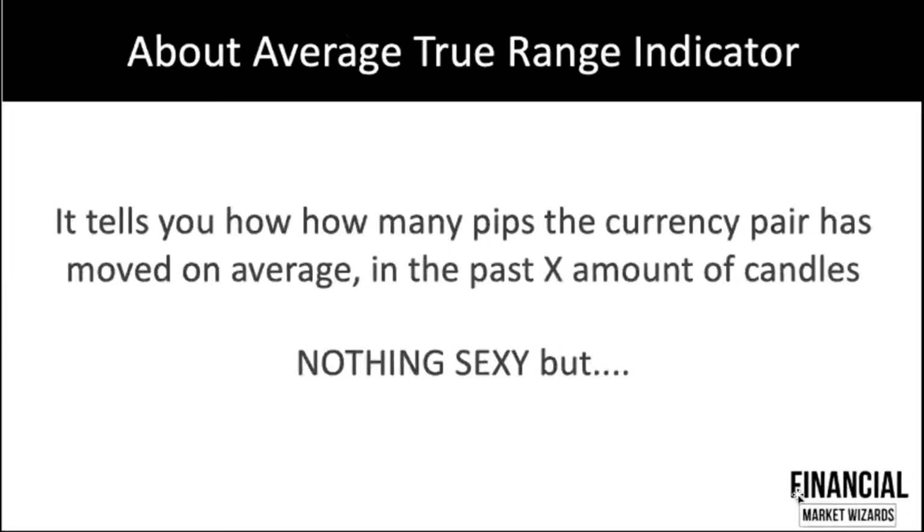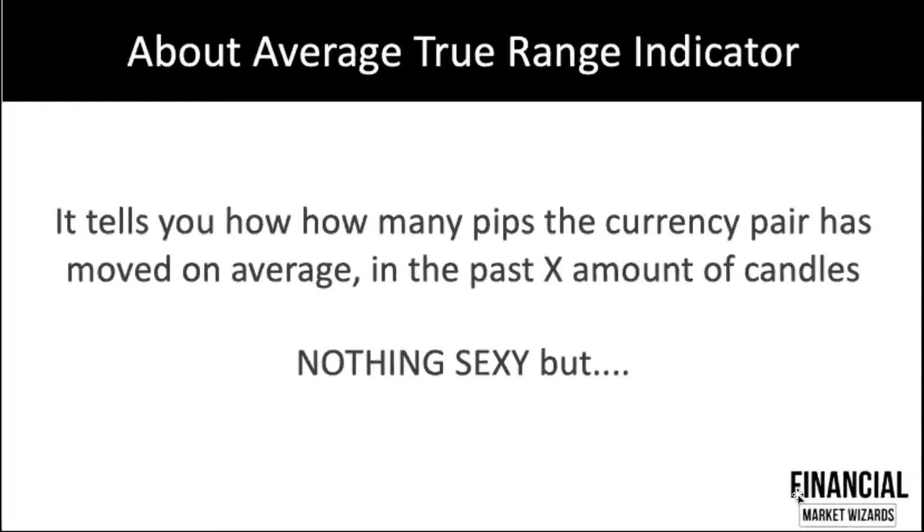Okay, so this average true range indicator tells you how many pips the currency pair has moved on average in the past X amount of candles. So what does it mean? It means that if the range of a candlestick, from the lower tail to the upper tail, the entire range, is 10, then for the last 14 candles, you add each of these ranges together and divide by the number of candles.